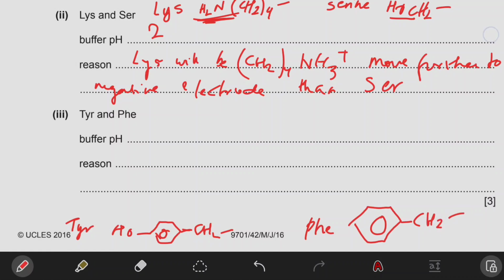So again, you see this H could be donated, so buffer pH should be 12, so there would be hydroxide which would accept this and would make a negative charge, CH2.